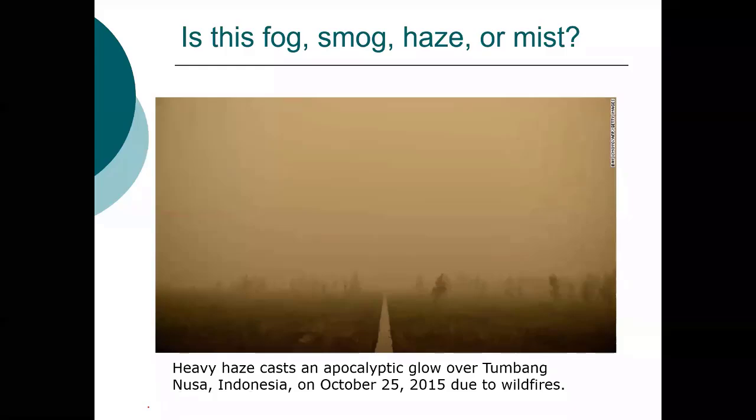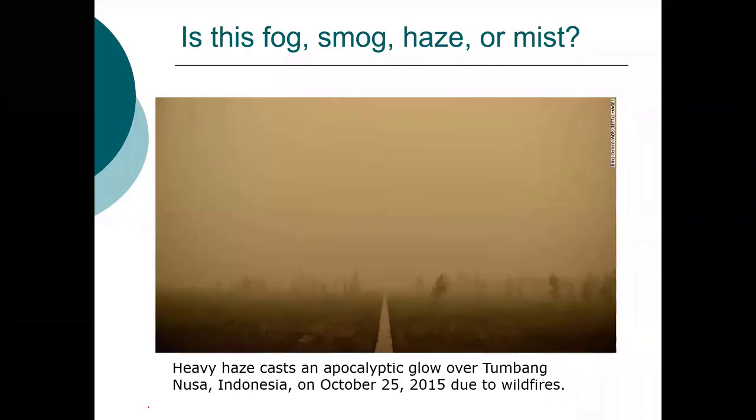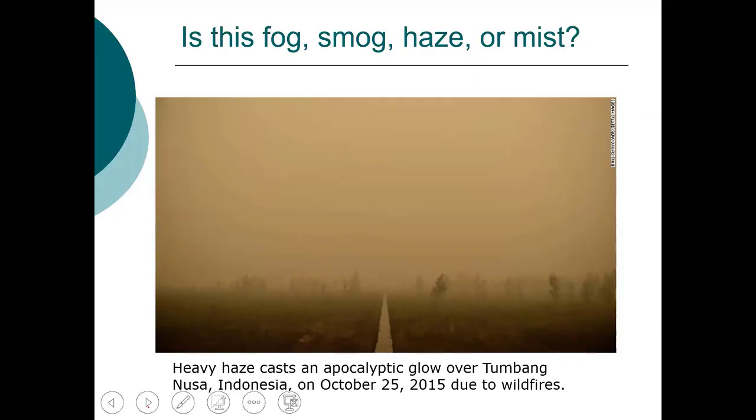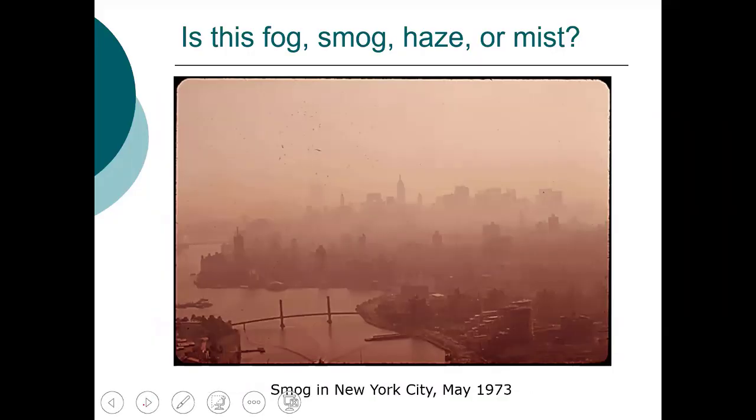So wildfires are quite a distance. It's really the particulates that are resulting from the wildfires that scatter the light and cause this kind of orange, strange color in the sky. This is smog. This is right around the time that we formed the EPA, passed the Clean Air Act.